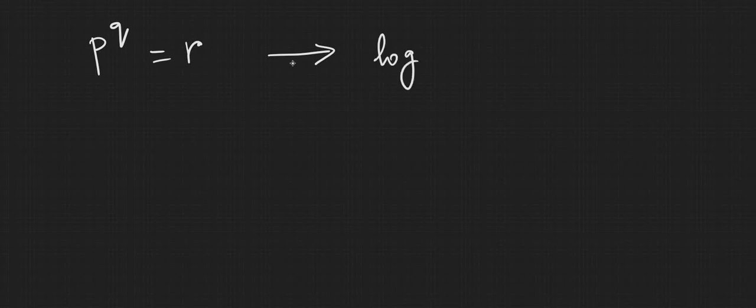Now let's say p to the power q is equal to r. And if I tell you that this is equal to log r base p equals q, am I right or wrong?